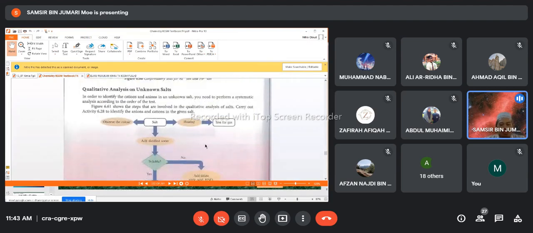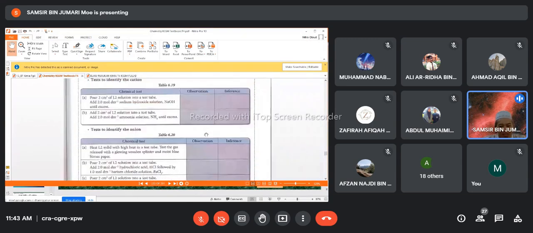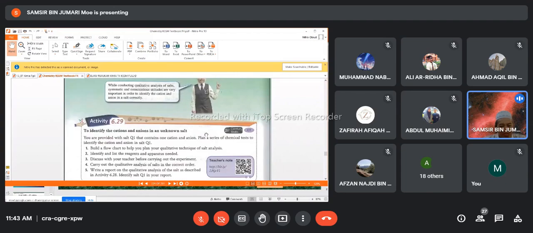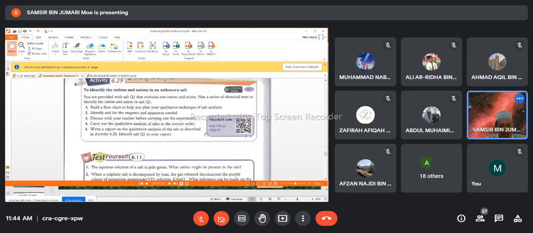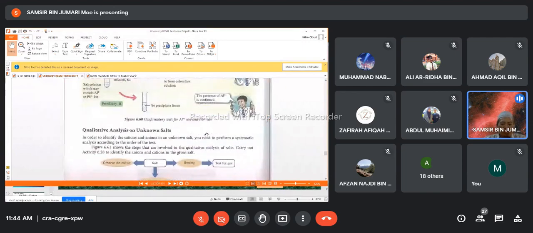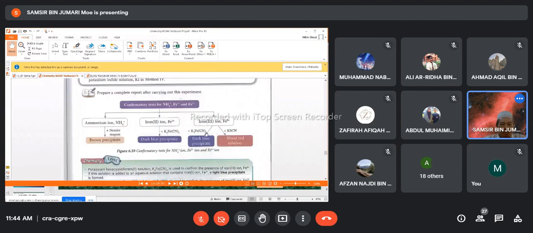Okay. Satu lagi kita boleh gunakan ialah apa nama, dia tak nyata dekat sini. Okay. Kita boleh gunakan sebarang larutan.